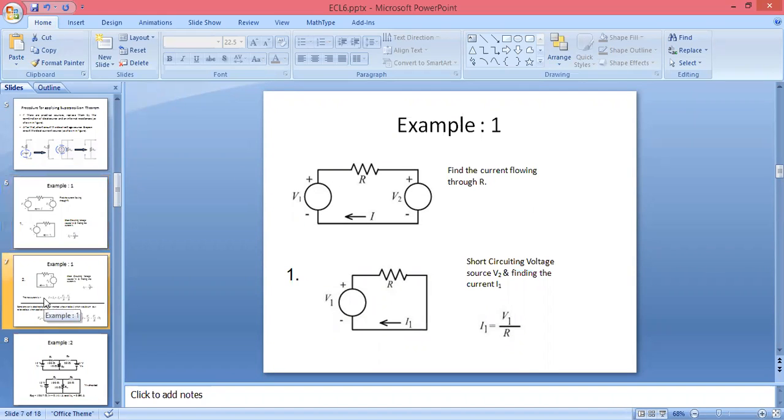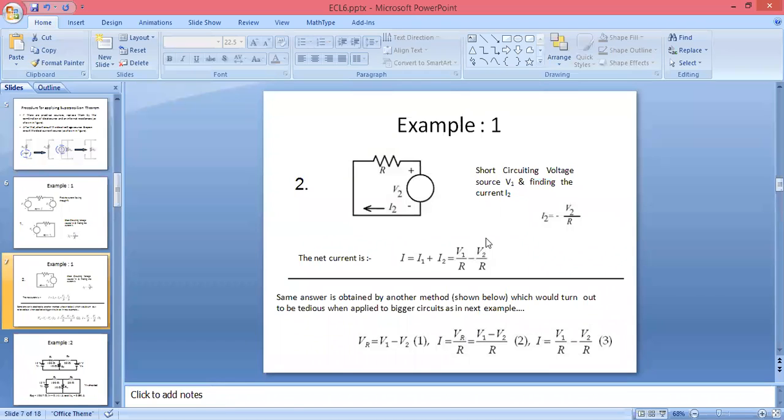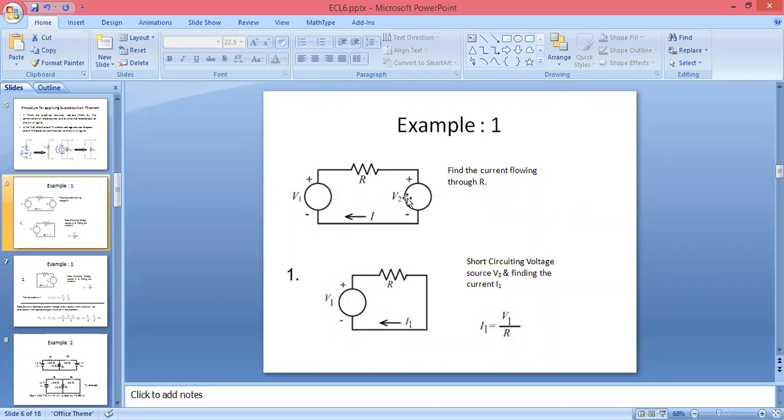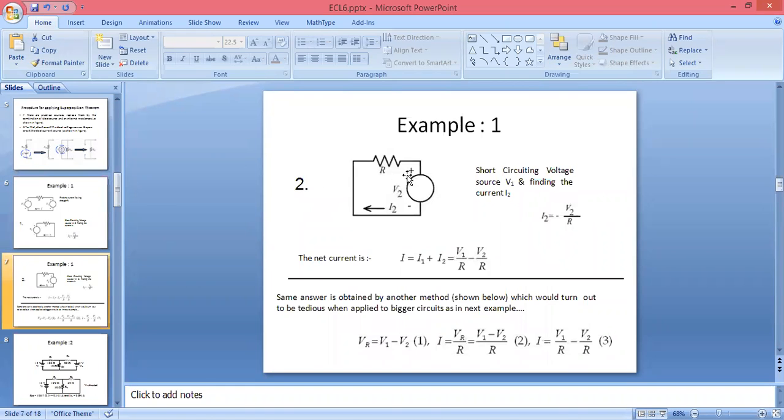We will get V1 by R minus V2 by R. If you take clockwise directions, the directions of the two currents oppose each other, because first we short V2 and take the direction like this. In the next step we are shorting V1, and taking clockwise direction, it goes from negative to positive, that's why we take negative here. So we get I equal to I1 plus I2, and this is the correct answer.